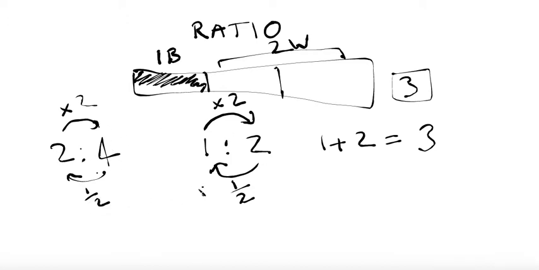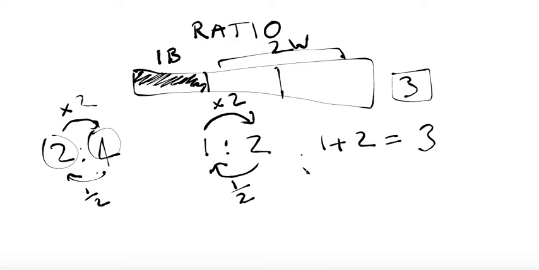So the relationship is the same. Therefore, as long as we multiply both sides of the ratio by the same number, or divide by the same number, we get the same ratio. So that's the first point to bear in mind.